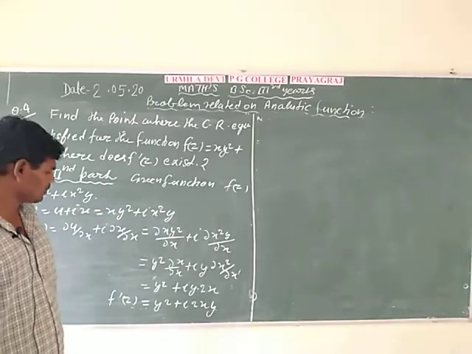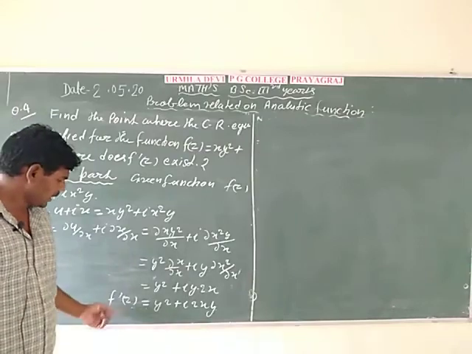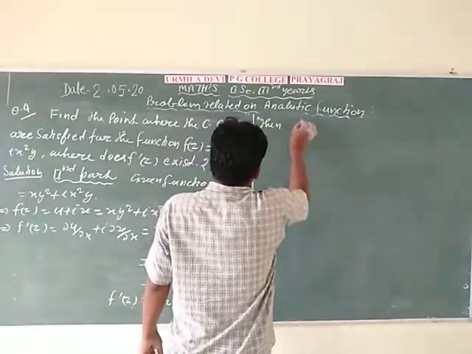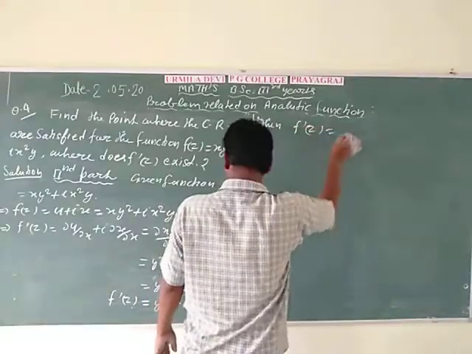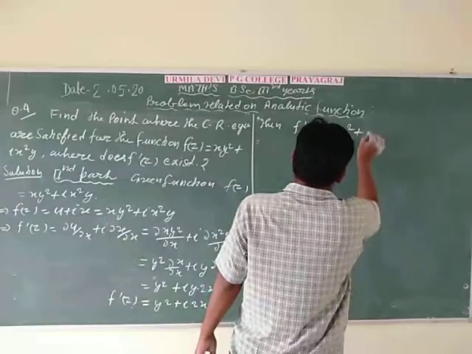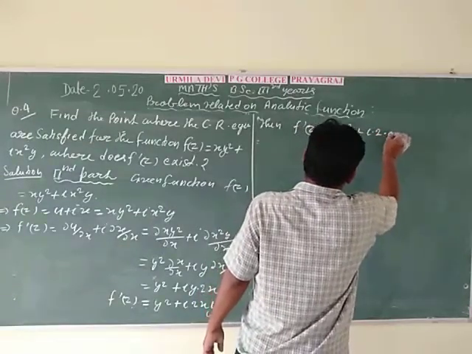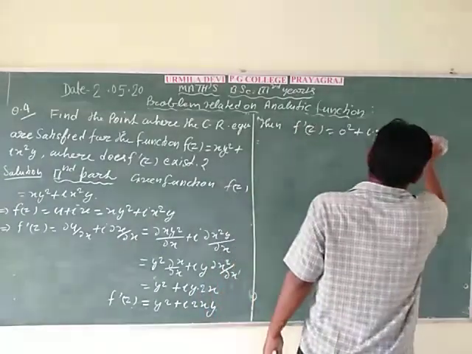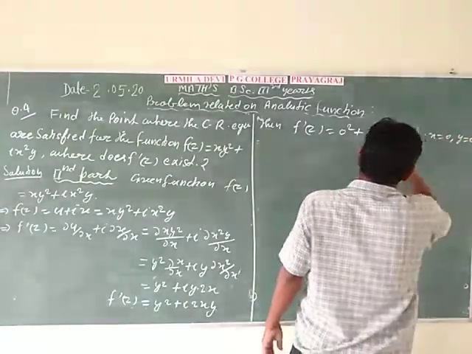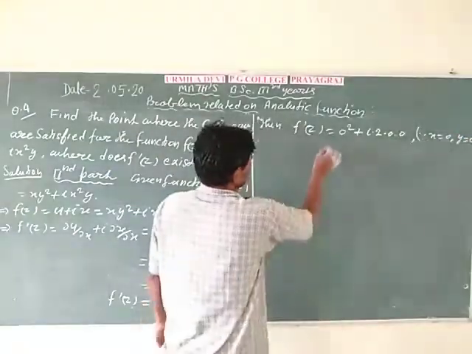Therefore, putting these values of x and y in f dash z, f dash z is equal to y square plus i times 2 into 0 into 0, because x is equal to 0 and y is also equal to 0. So it is equal to 0.